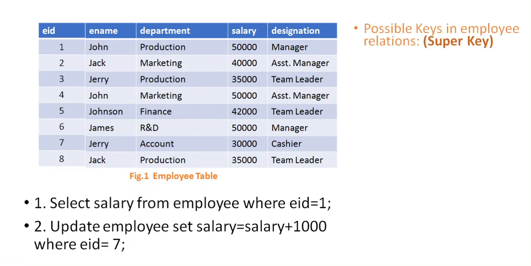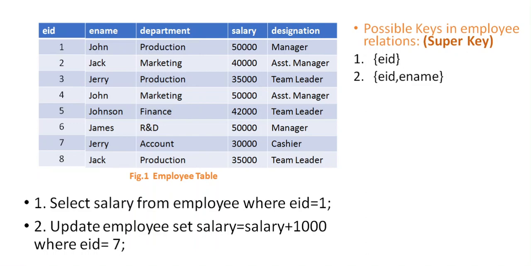Now let's see what are the possible keys in this employee relation. Now we know employee ID is a key. By using employee ID we can uniquely identify the rows. Now next possible key in this table is employee ID and name.